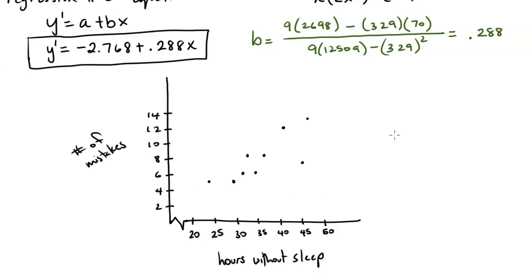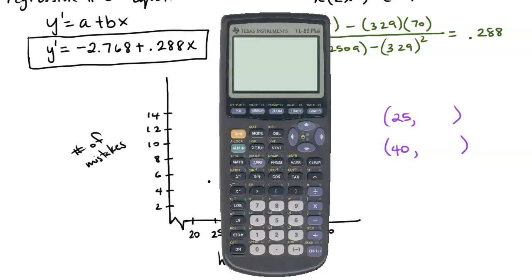I think we should use 25. So when X is 25, what's Y? And then maybe we should use 40. When X is 40, what's Y? So let's substitute those in.